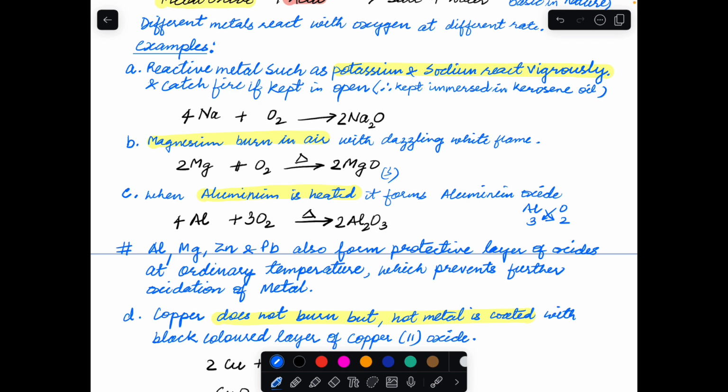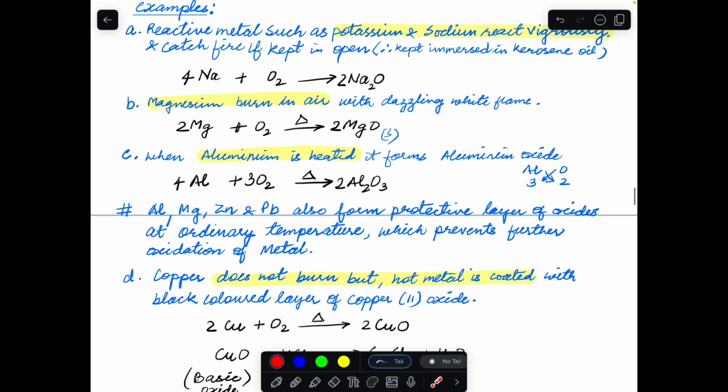One thing you have to remember is that aluminium, magnesium, zinc and lead, when exposed to the atmosphere at normal temperature, also form a protective layer of oxide, and this oxide layer prevents further oxidation of the metal.